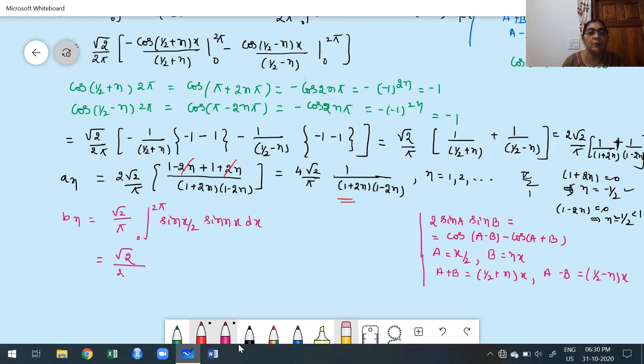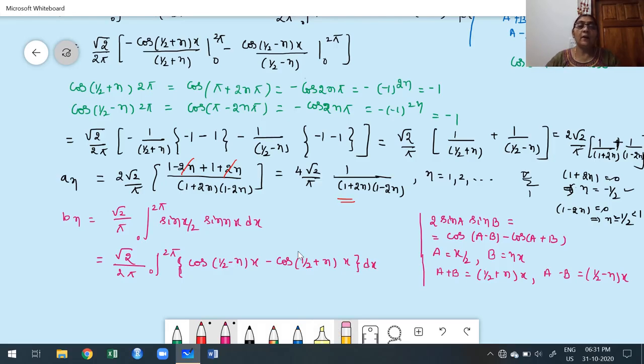Therefore, we get root 2 by 2 pi, integral from 0 to 2 pi of, just a minute, this is nothing but cos, not sine. 2 sine A sine B is nothing but cos of (half minus n) into x minus cos of (half plus n) into x with respect to x.